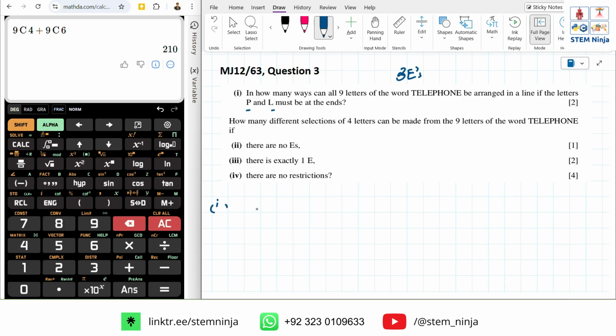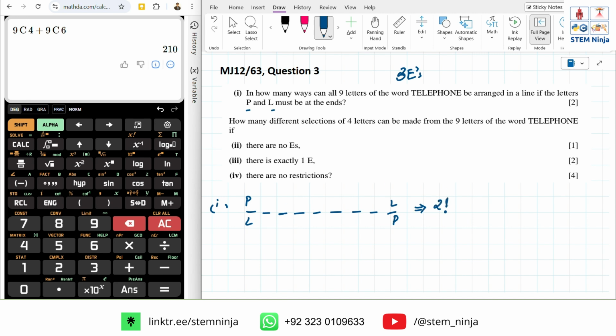Okay, so again, you have 1, 2, 3, 4, 5, 6, 7, 8, 9. So either P is here, L is here, or P is here, L is here. And P and L were occurring only one time. So that basically means that there are two possibilities.